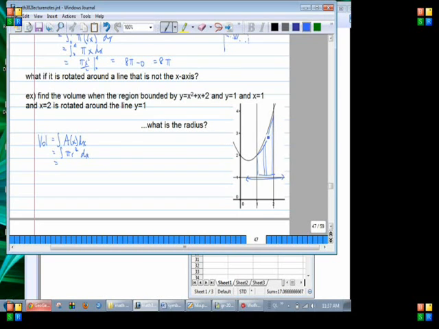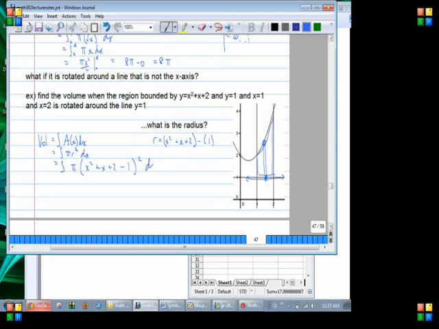It's the distance from here to here, which means it's the value of the function minus the bottom thing, which is 1. So radius equals x squared plus x plus 2 minus 1. And of course we're integrating from 1 to 2.